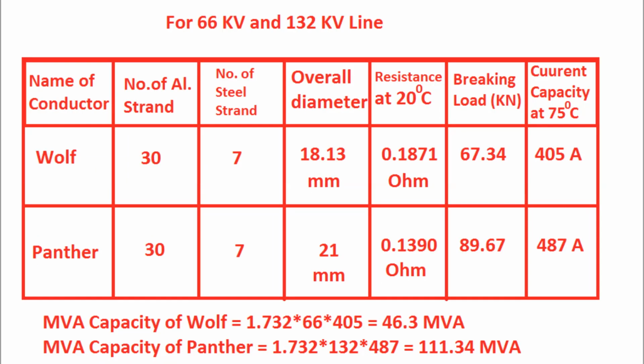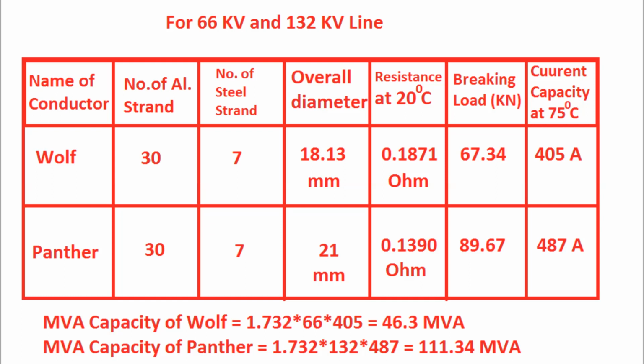For a 66 kV line, normally the wolf conductor is used, and for a 132 kV line, normally the panther conductor is used. The number of aluminium and steel strands for both of these conductors is the same, that is 30 and 7 respectively. The overall diameter for the wolf conductor is 18.13 mm, and for panther it is 21 mm. The resistance at 20 degrees centigrade for the wolf conductor is 0.18710, and for the panther conductor it is 0.1390 ohm.